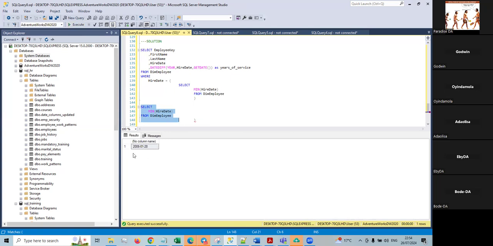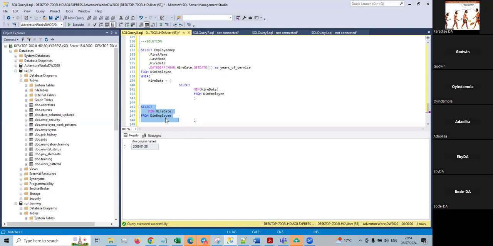Right, so this is the minimum hire date. Okay. So what we have done here is that we have put this query inside a query.